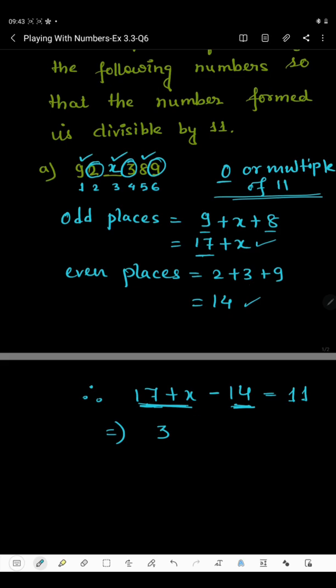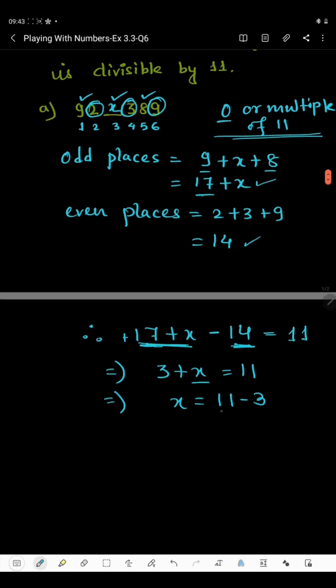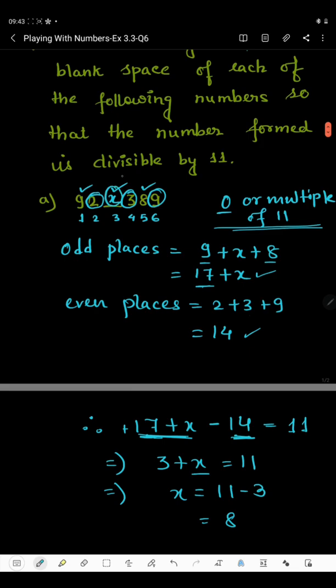As 17 is greater than 14 and its sign is positive, the 3 will be positive. So 3 plus x is equal to 11. Now the value of x will be 11 minus 3, because 3 is moving to the other side, so the sign changes, plus becomes minus, so 11 minus 3 is 8. So in the missing place it will be 8.